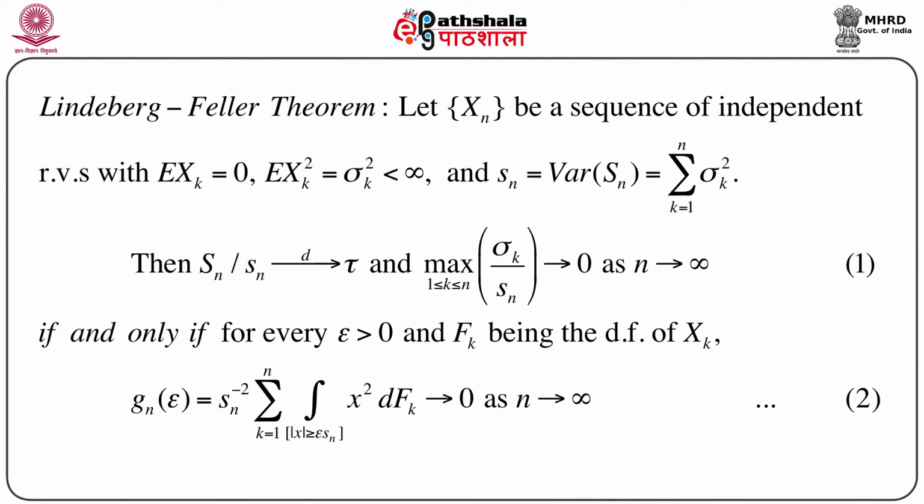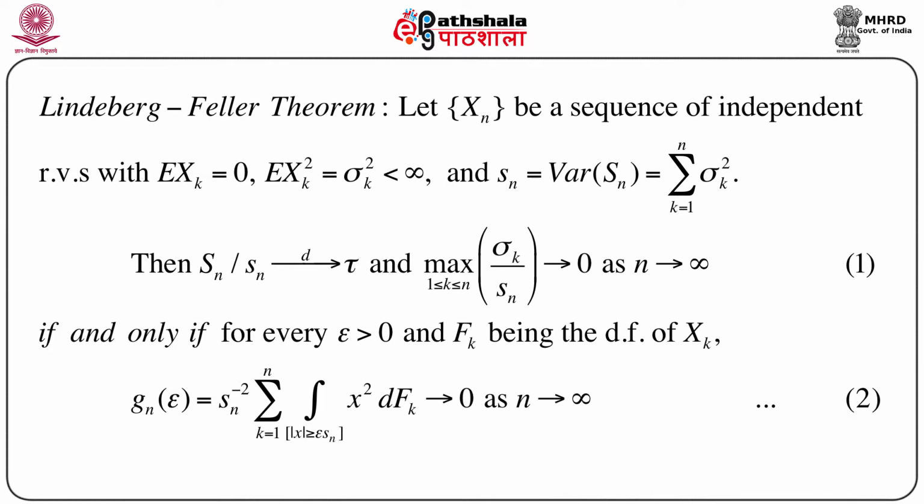Then again the normalized sum, capital Sn by small sn, converges in distribution to tau, a standard normal random variable, and maximum over k between 1 and n of sigma k by sn goes to 0 as n goes to infinity, if and only if for every epsilon greater than 0, with Fk being the distribution function of Xk, we have Gn(epsilon) equals sn to the power minus 2 times summation k equals 1 to n of the integral of x squared dFk over the set modulus of x greater than or equal to epsilon sn.